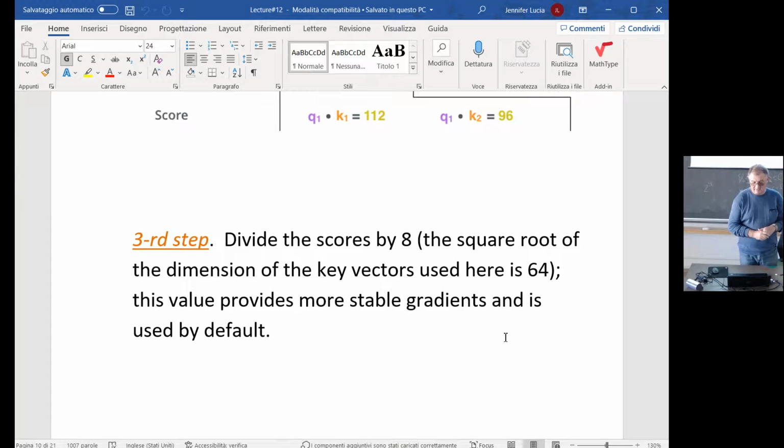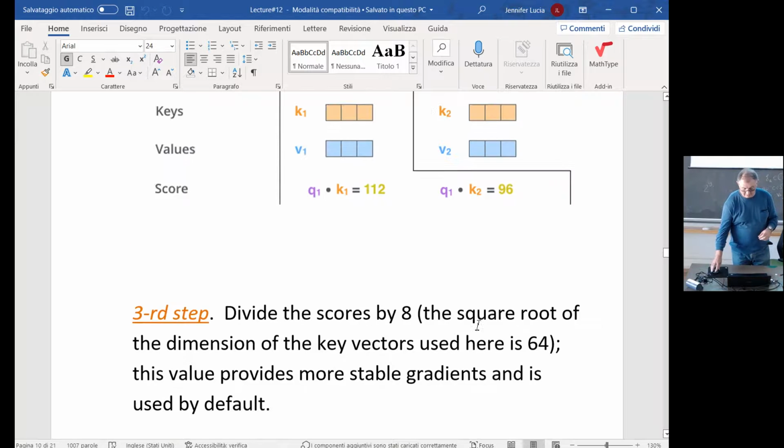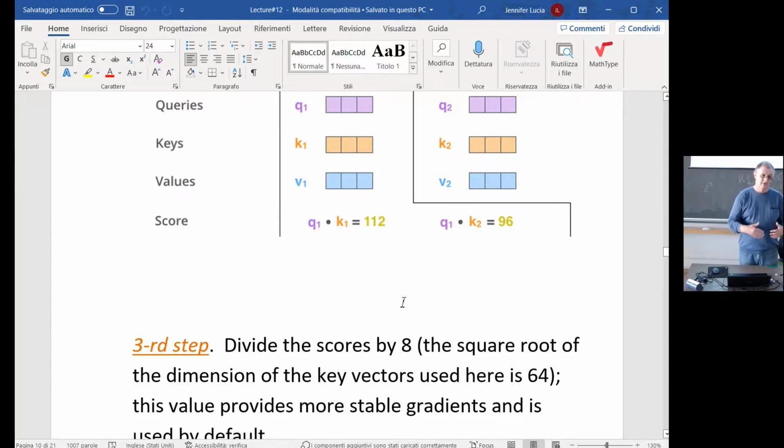But then we take these scores for the next steps and add these characteristics.